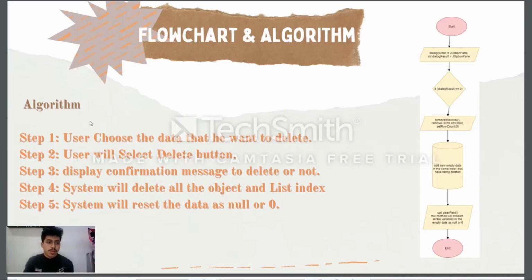For the algorithm, first, the user chooses the data that he wants to delete, and then the user will select the delete button, and then a confirmation message is displayed to delete or not. After you say OK, the system will delete all the objects and list indexes you chose. And then the last step, the system will reset the data as null or zero again.